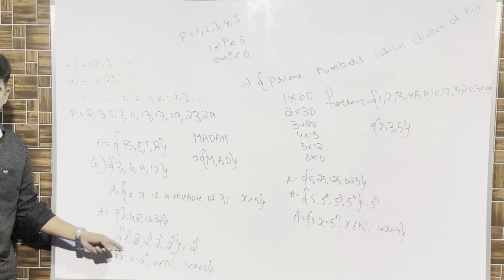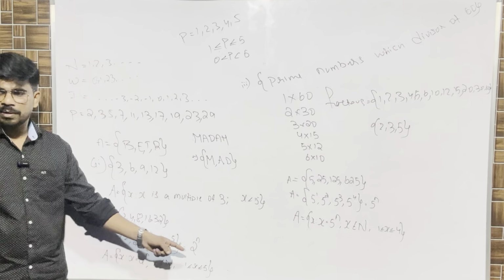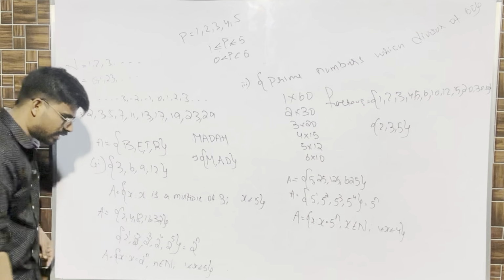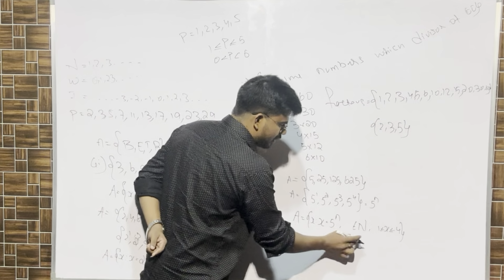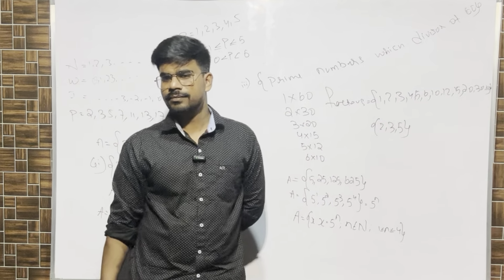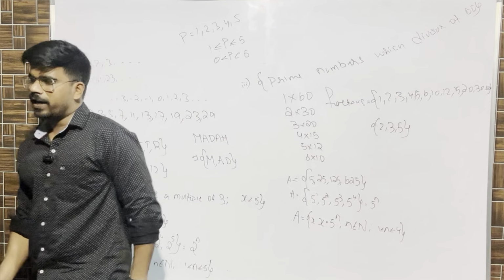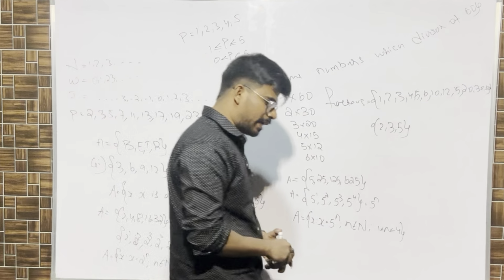Base is x, that is not starting. The numbers which are starting from 1 to 5 are the ones in the power. Power is n, so that's why we have to set the limit for n. Here also n, here also n, and again n. Clear? This is how we write from roster form to set builder form.